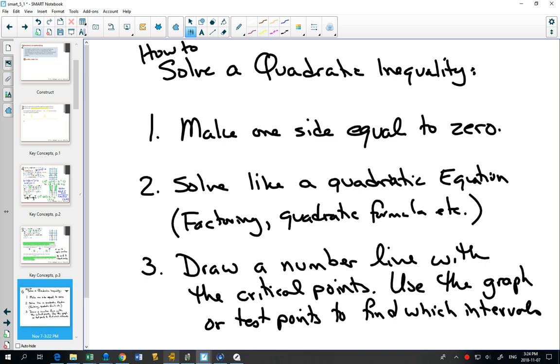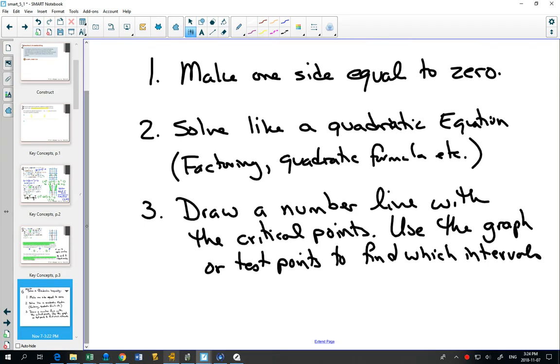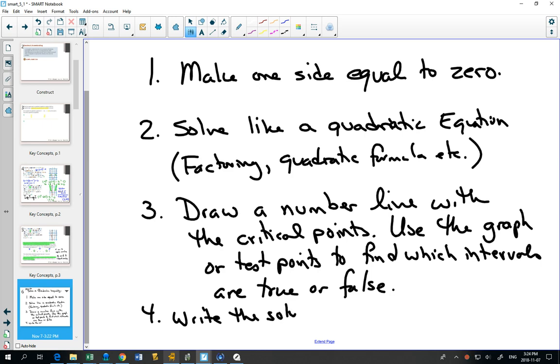And then either use your graph or test points to find which intervals are true or false. And once you find out where they're true and false, then you can write the solution.